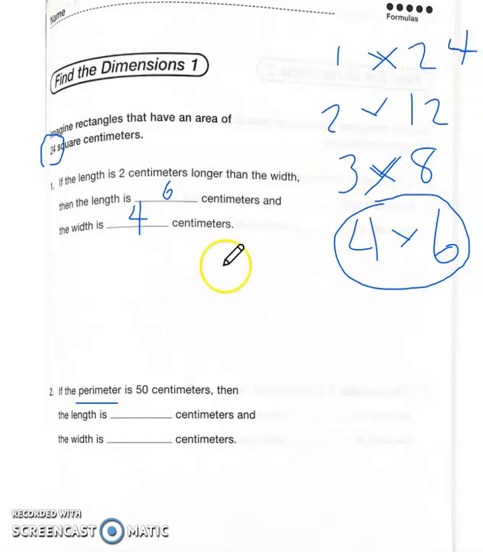Well, I would say that each one of these examples tells us what 2 sides are. Like this one right here that we just circled, 4 and 6. If it's a rectangle, that means the opposite sides are the same, right? So 2 of these are 4 and 6. The other 2 would be 4 and 6.